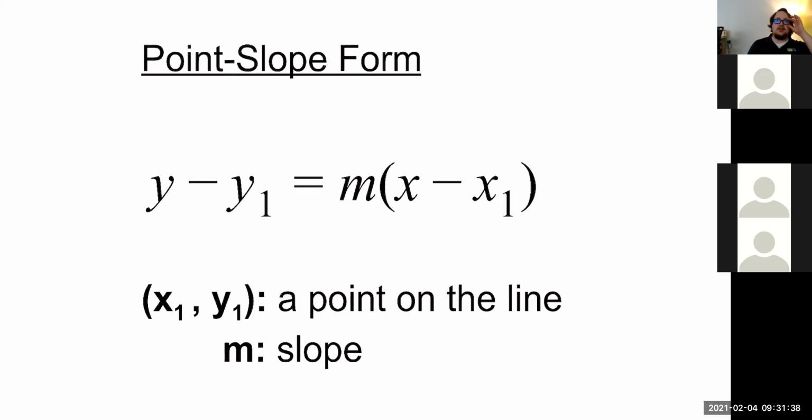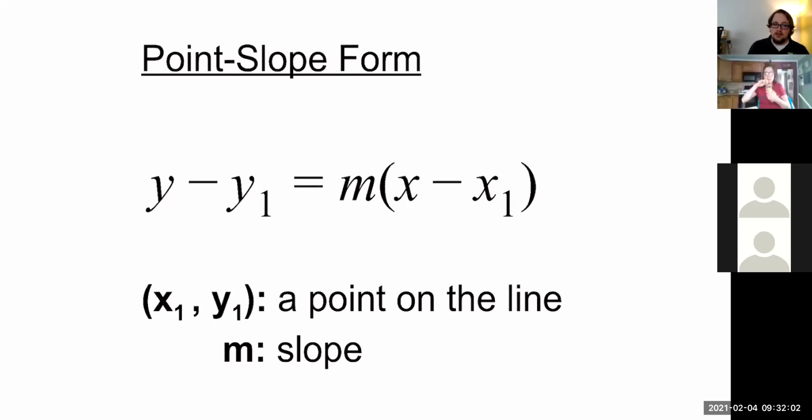Now, at this point, I usually make the joke that mathematicians aren't the most creative, and you may have noticed already that the names of these forms in this unit so far have really directly hinted at what information it gives you or what you need to know. So slope-intercept form, you need to know the slope, you need to know the y-intercept.